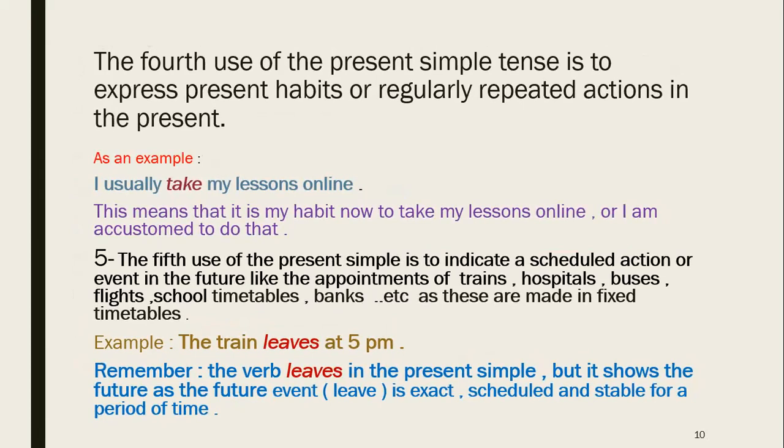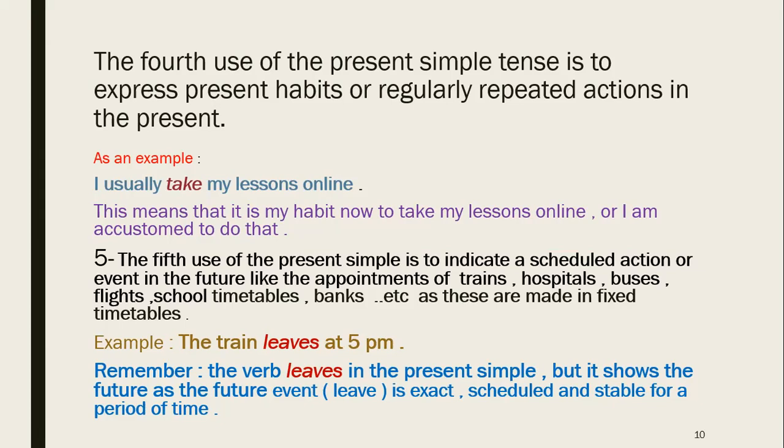And we have number four. The fourth use of the present simple is to express habits. And what do I mean by habits? I have to say, present habits, these are actions repeated regularly, repeated very often. Like, for example, I usually take my lessons online. What is the habit here?